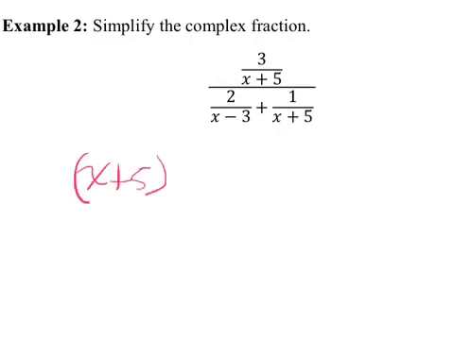This denominator is really what? This is really 1 times x plus 5. This is 1 times x plus 3. This is 1 times x plus 5. So the factors of all the denominators are 1, x plus 5, and x minus 3. So list them. Just multiply them together. There's your LCD. 1 times x plus 5 times x minus 3.